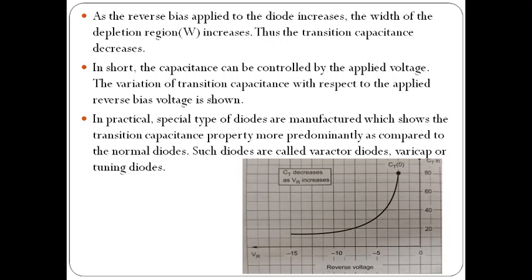The larger the reverse bias applied across the diode, the wider the depletion layer W becomes. By decreasing the reverse bias voltage, the depletion region width W becomes narrow.